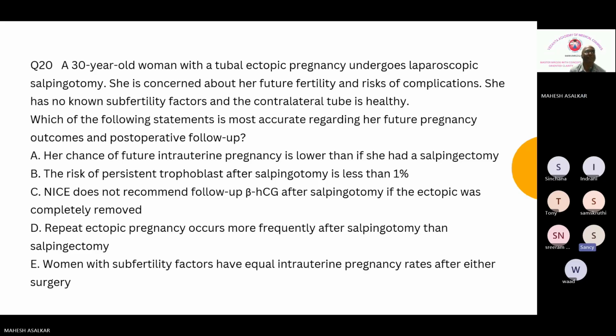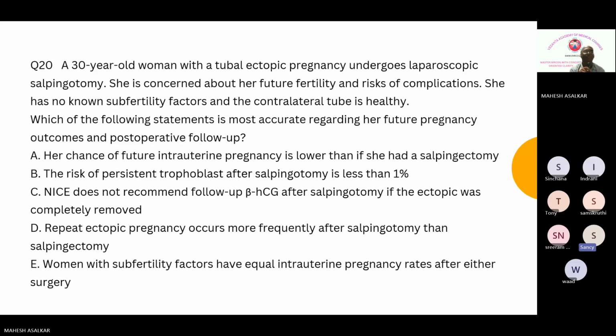A 30-year-old woman with a tubal ectopic pregnancy undergoes laparoscopic salpingotomy. She is concerned about her future fertility and risk of complication. She has no known subfertility factors and the contralateral tube is healthy. Which of the following statements is most accurate regarding her future pregnancy outcomes and post-operative follow-up? Her chance of future intrauterine pregnancy is lower than if she had a salpingectomy.